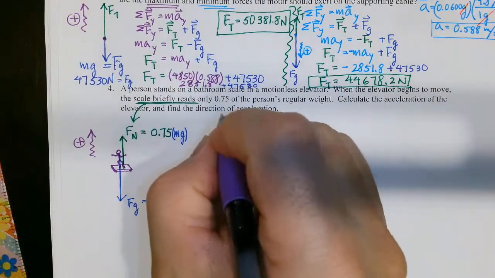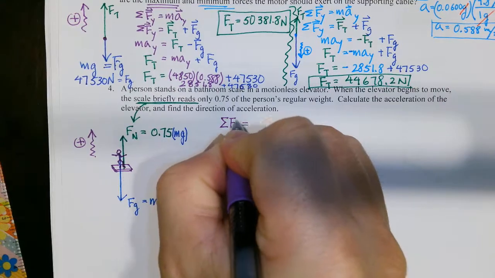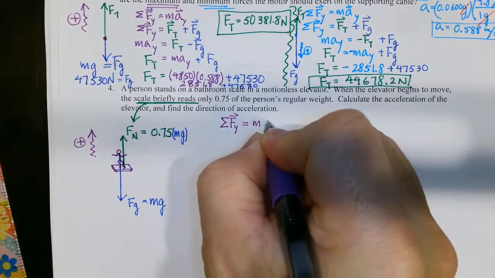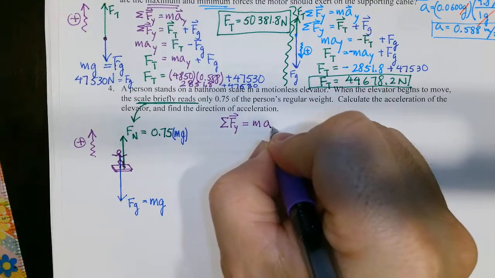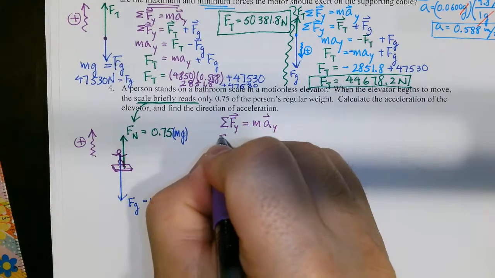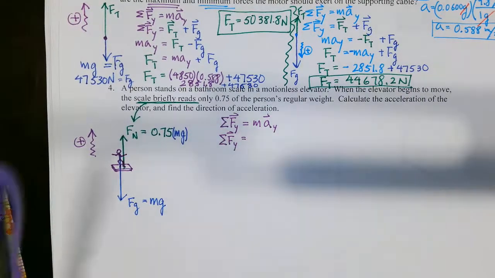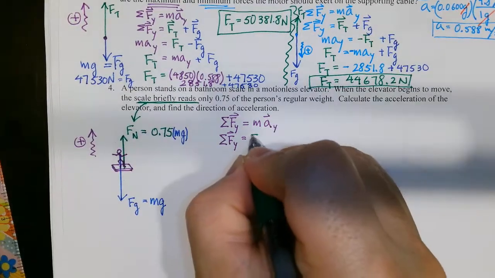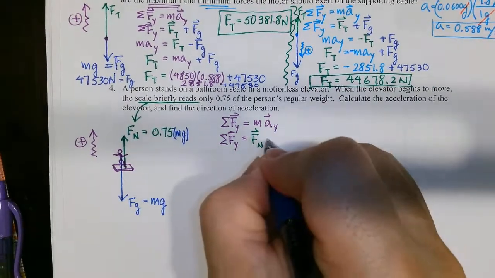So now we can say sum of all forces in the y direction is equal to m-a-y. And sum of all forces in the y direction is equal to, we have F normal, and we have Fg.